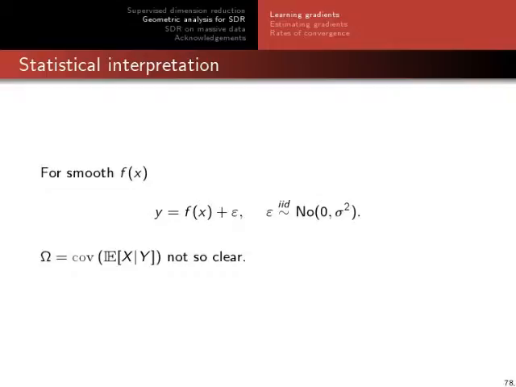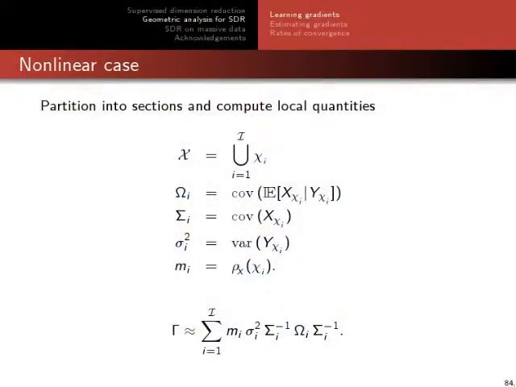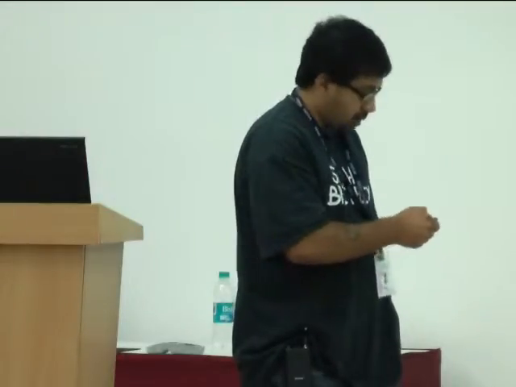Okay, so how do we think about this when f is smooth but not necessarily linear? Intuitively, I can take my marginal distribution, rho of x, and chop it up into little partitions, psi of x. Within each partition I can compute the covariance of the inverse regression, my covariance and my variance, and here I have the mass in that partition.